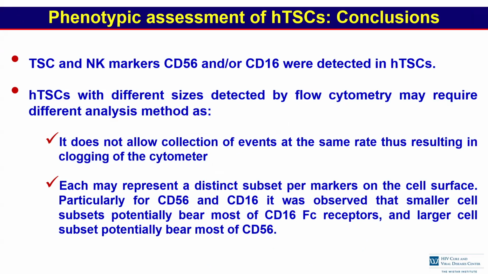It also started a question for us because we saw cells with different sizes, with the smaller cells having more CD16, which means they have more CD16 Fc receptor and may be more potent in an ADCC assay, while the larger cells have more of the 56 marker.